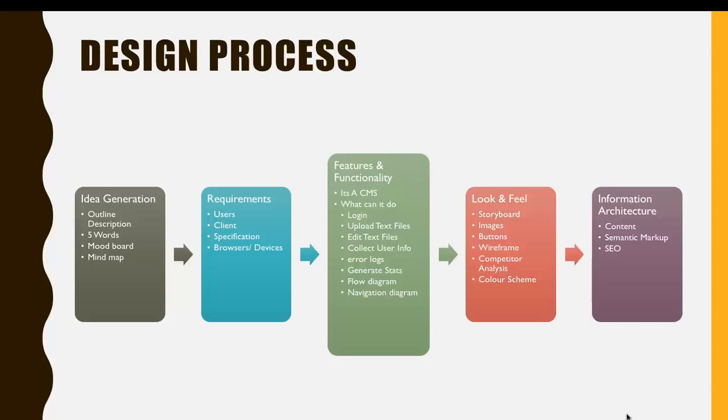So we would generally start off with some brainstorming activities. The way I like to approach this, and this is by no means a definitive process, is something that generally through experience people come up with their own workflow. I would start off with some kind of outline description as to what we want the site to do, how we want it to appear, what it's all about essentially.